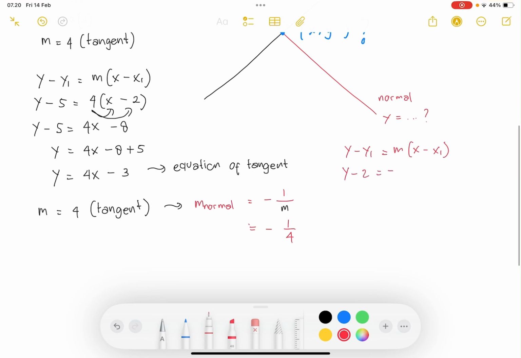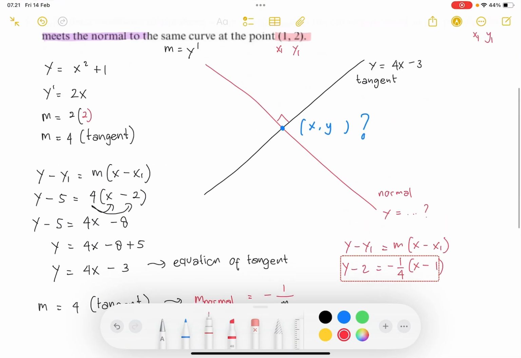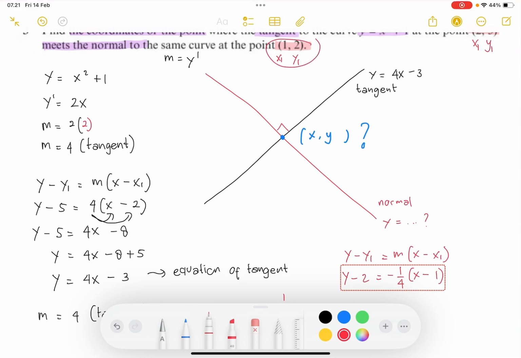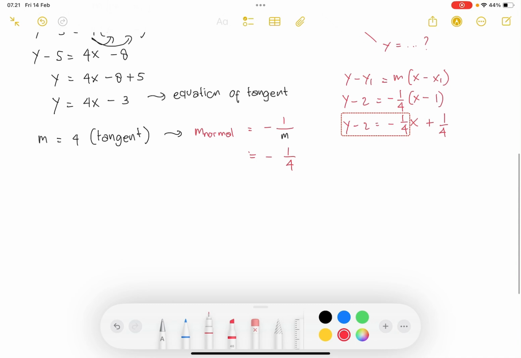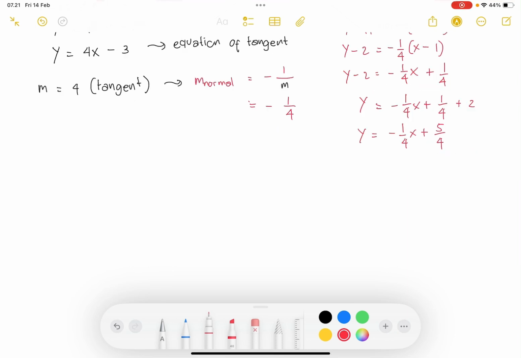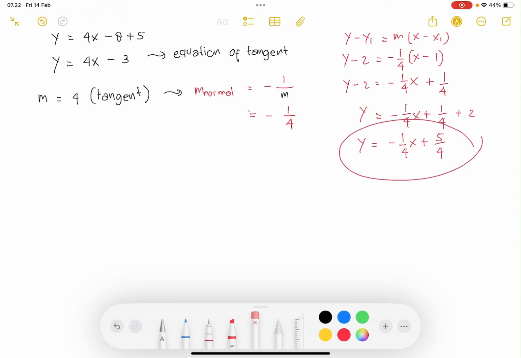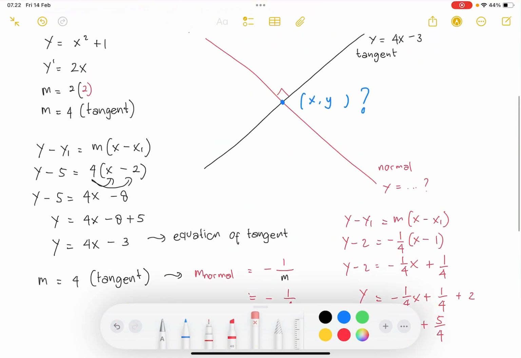The gradient is minus 1 over 4, and x minus x1 is x minus 1. This leads us to y minus 2 equals minus 1 over 4 x plus 1 over 4, and if you move the 2 to the other side, plus 2. This is the equation of the normal, and then we put it here.